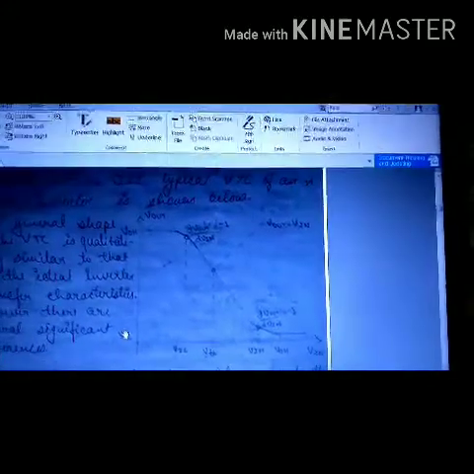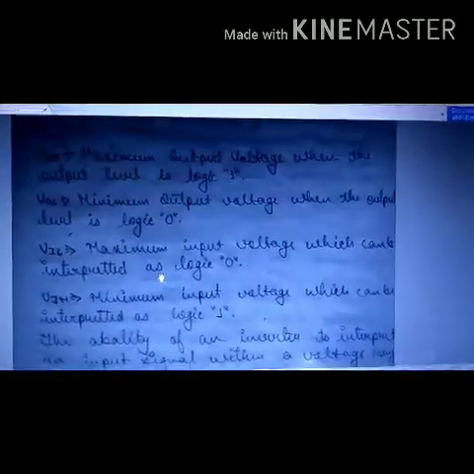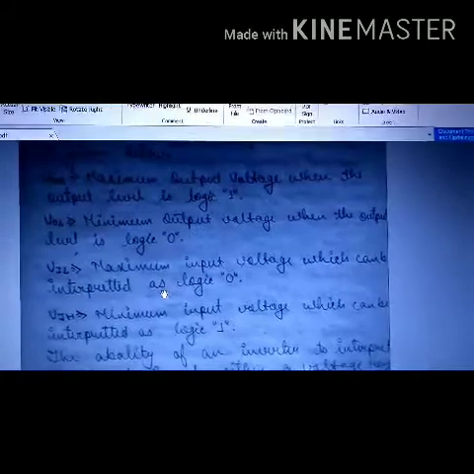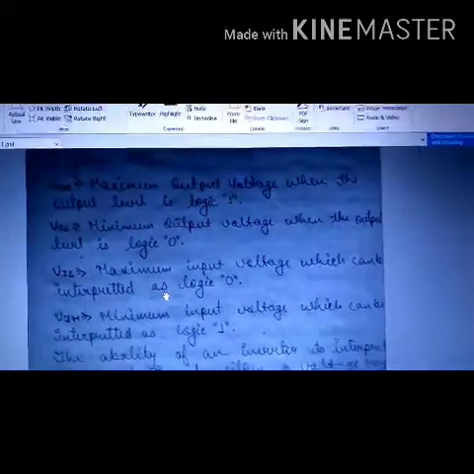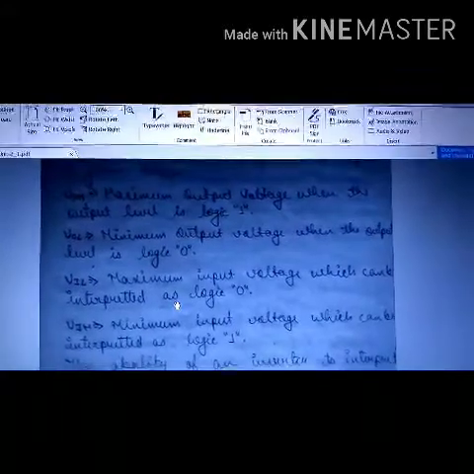Let us come to these voltages. The first one is VOH, the maximum output voltage when the output logic level is logic 1. So if we consider a voltage level as logic 1, it is represented by VOH.